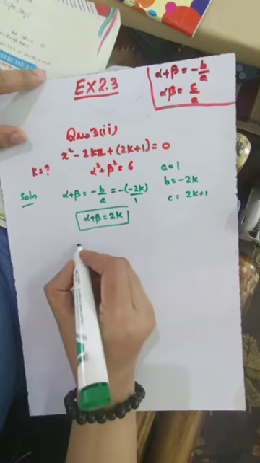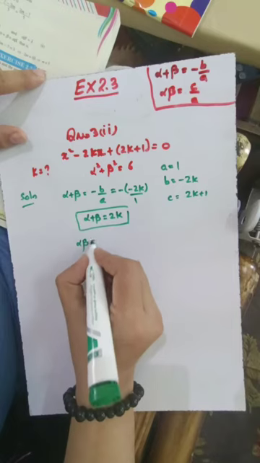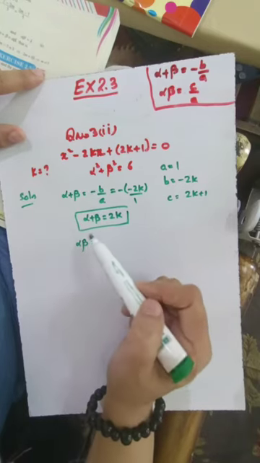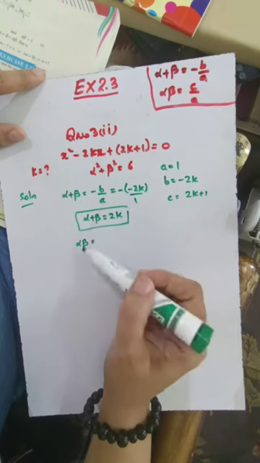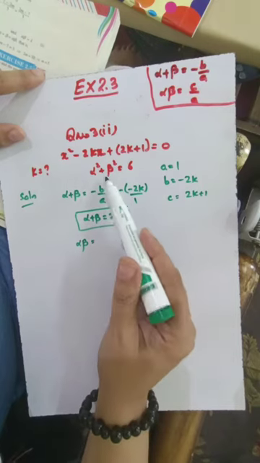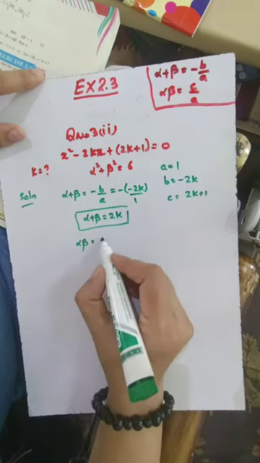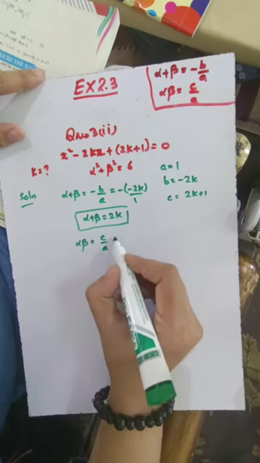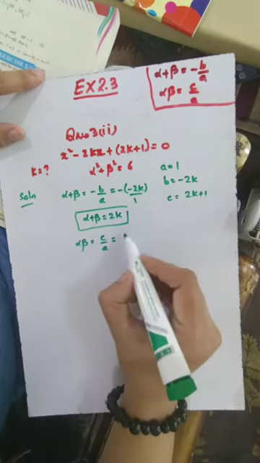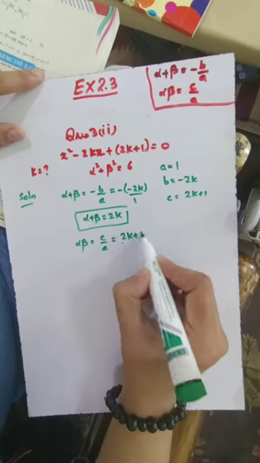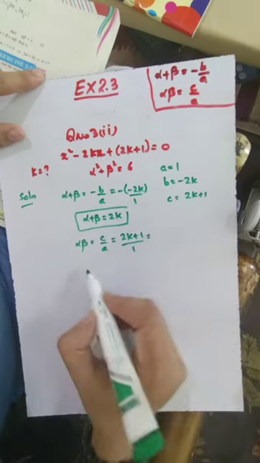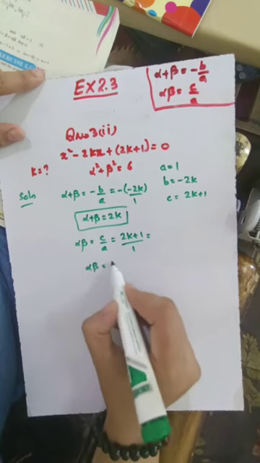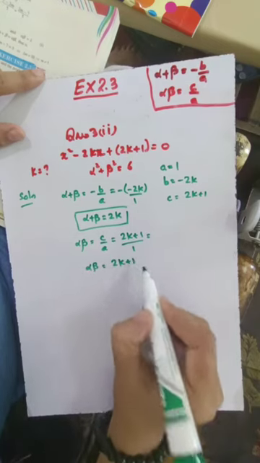Okay, and now finding alpha into beta, I am finding these because I will use these to find the value of k after putting their values in this equation. Alpha into beta is c over a, so c is 2k plus 1 over a which is 1. So it means that alpha into beta will be 2k plus 1.